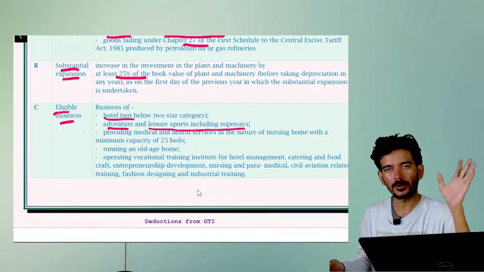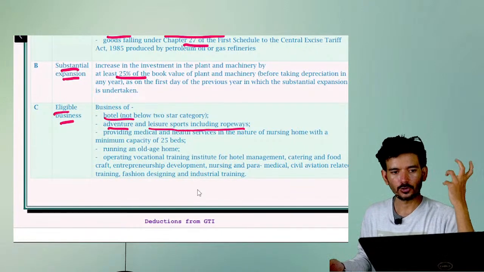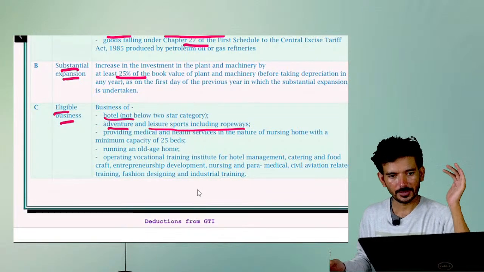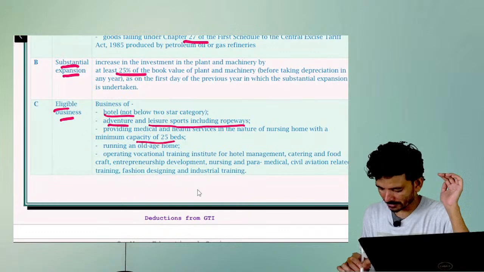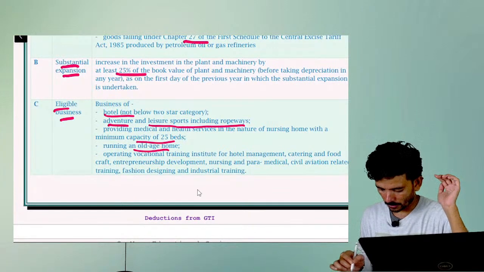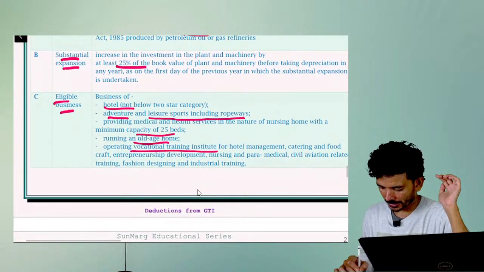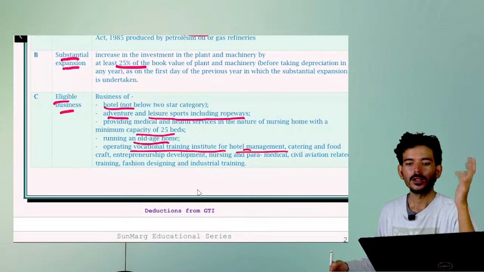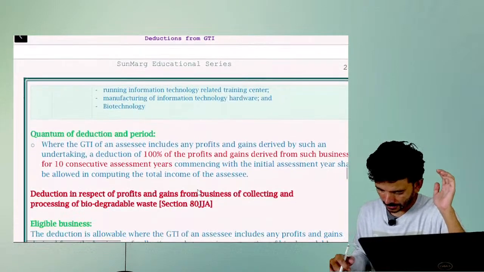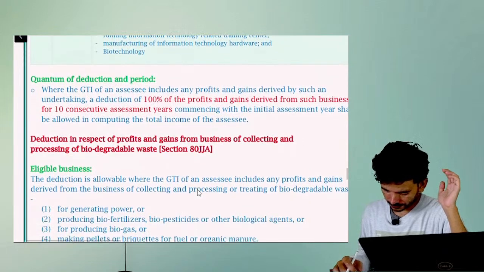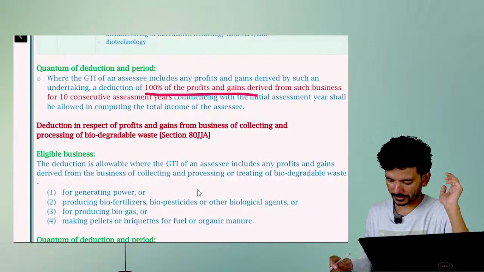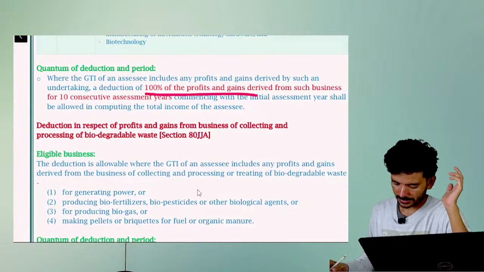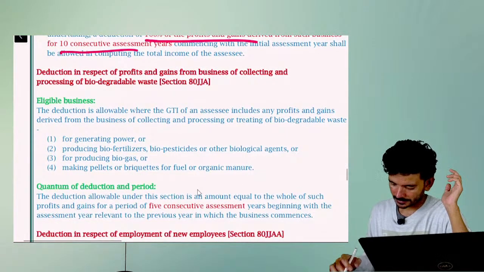They are encouraging people to go for a 2-star hotel, any adventure, any ropeway, any hospital with 25 beds, running old age homes, or operating vocational training institutions for hotel management. These are all eligible, and the deduction is 100% for 10 consecutive years.